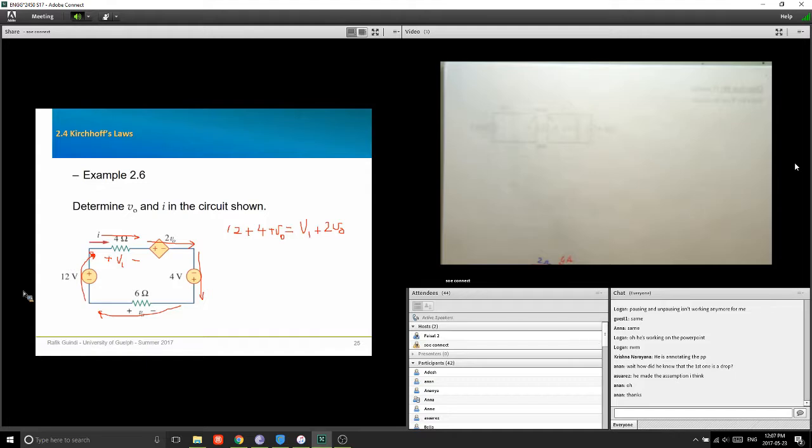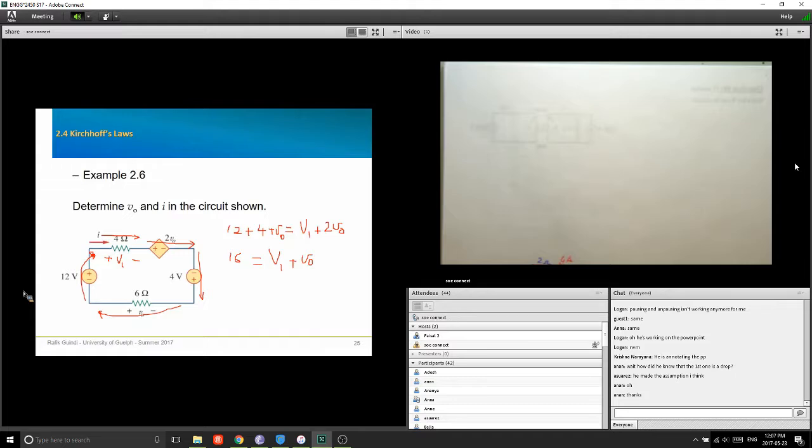I have here 12 plus 4, that's 16, equals V1 plus 2 V naught, and then I have 1 V naught that is going to go on the other side. So I end up with V naught, right? Okay. So this is the first equation.